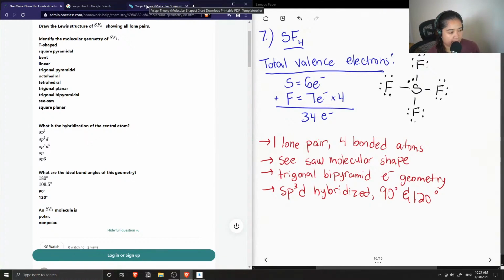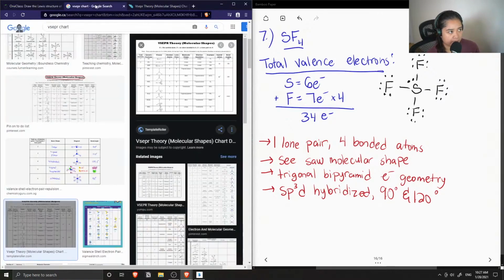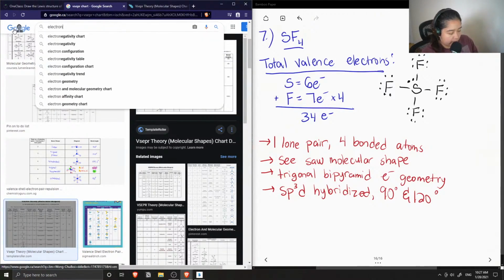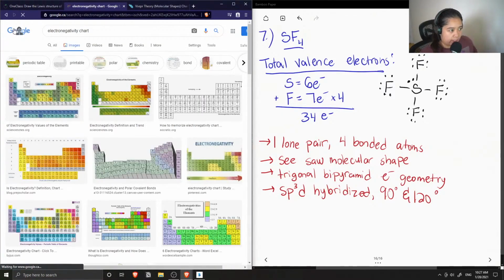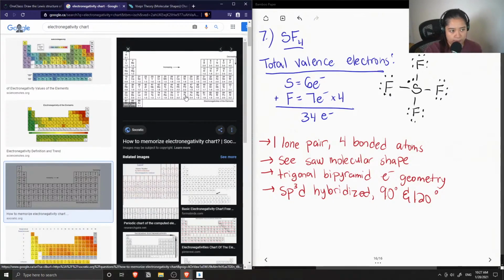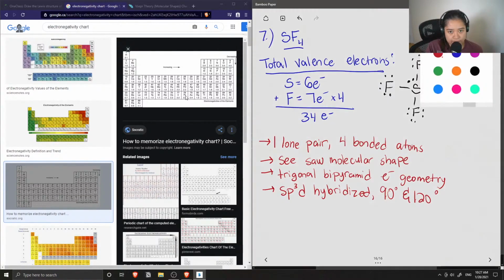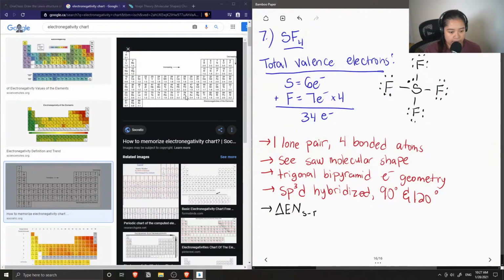And is the SF4 molecule polar or nonpolar? To determine whether or not a bond is polar, we need to find out the electronegativity values of the atoms that are involved. So let's find the electronegativity difference between a sulfur and a fluorine bond. Fluorine has an electronegativity value of 4, and sulfur has an electronegativity value of 2.5.